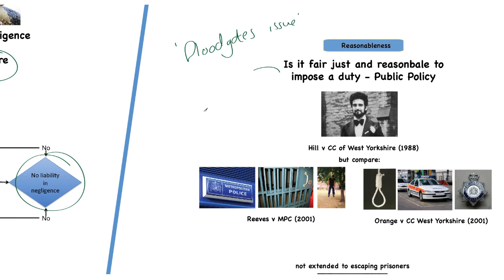That's where the term comes from. And this reasonableness element is designed to try and stop that. And because of that, members of the public sector are less likely to have a liability imposed on them.